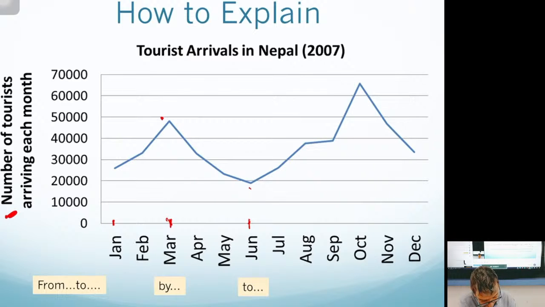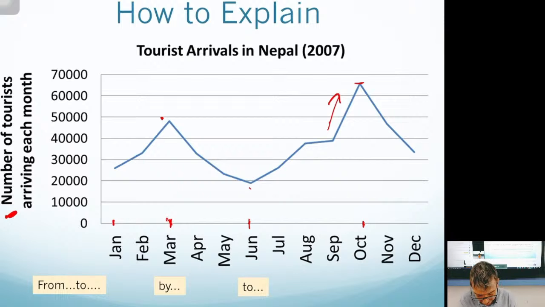Okay then. So in October, you could look at that. In October, there was a steady increase. Or this is going to be a sharp increase, right? To how much? We can look at that and say 65,000.